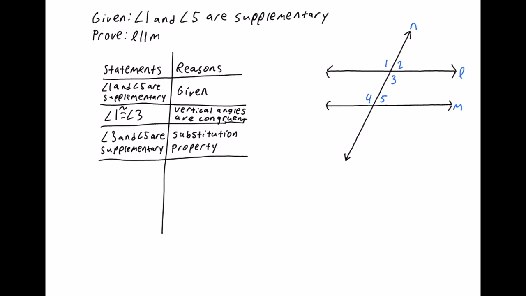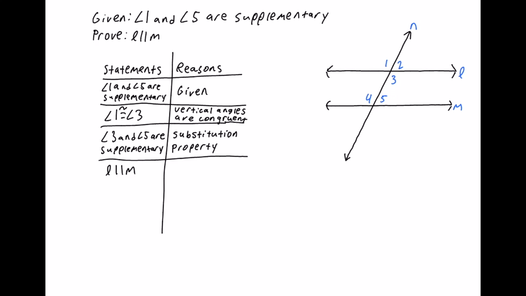Now from here, angle 3 and angle 5, this kind of pair, they are same side interior angles. So same side interior angles we know are supplementary. So we can say, since angle 3 and angle 5 are supplementary and they're same side interior angles, we can say that line L and line M are indeed parallel.